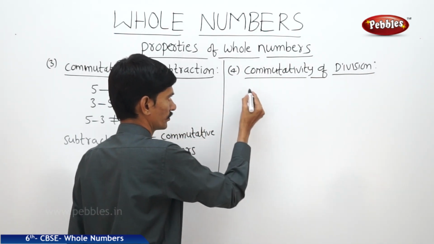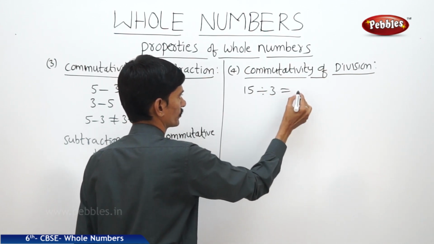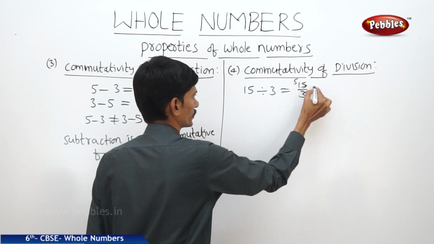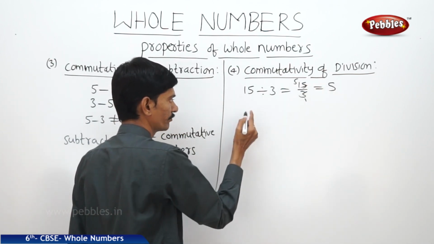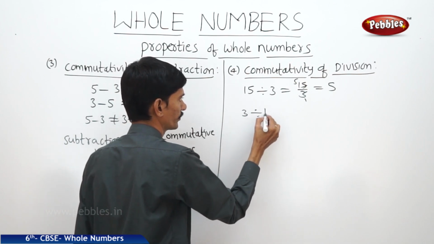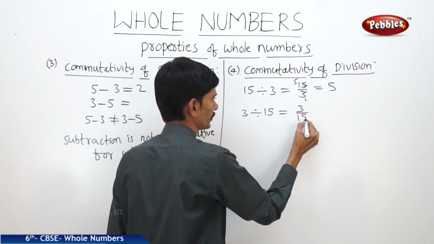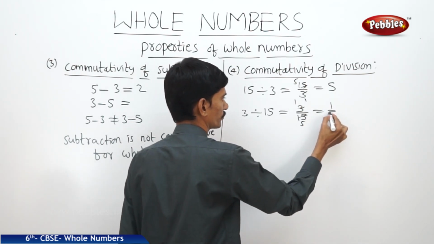Now 15 divided by 3 equals 15 by 3, so 3 1s are 3, 3 5s are 15, that equals 5. And if you divide 3 by 15, then 3 divided by 15 equals 3 by 15, and here 3 1s are 3, 3 5s are 15, so this equals 1 by 5.